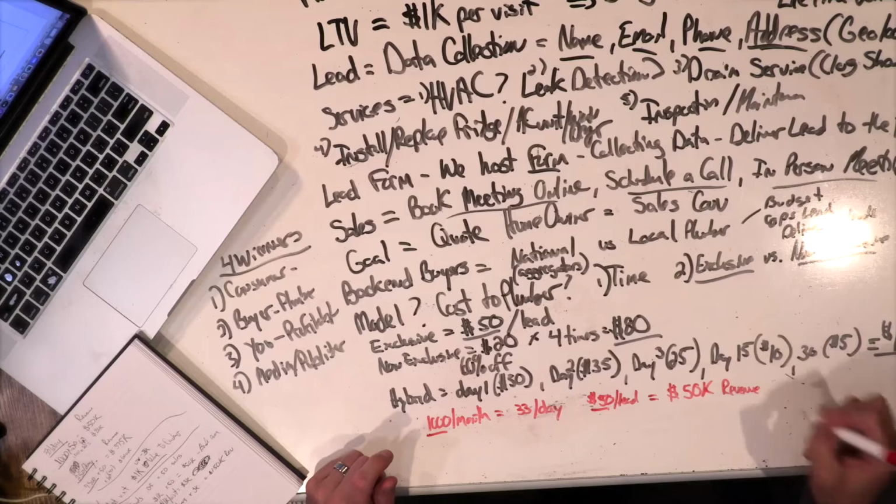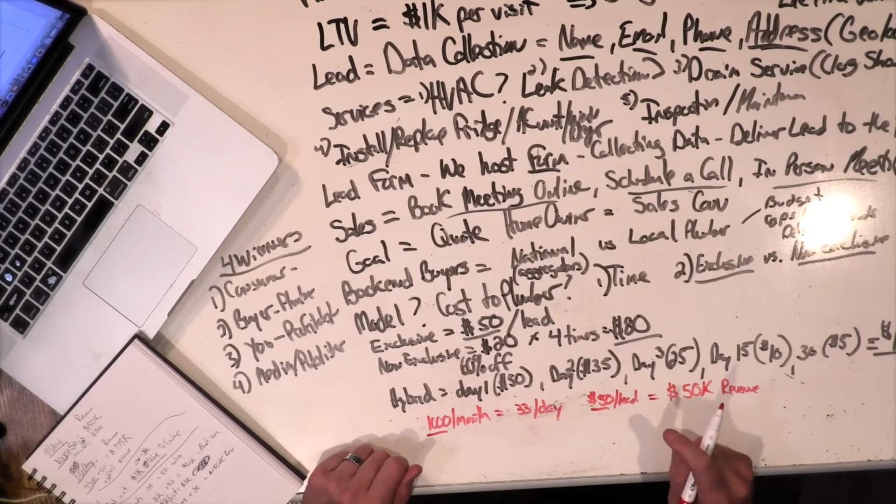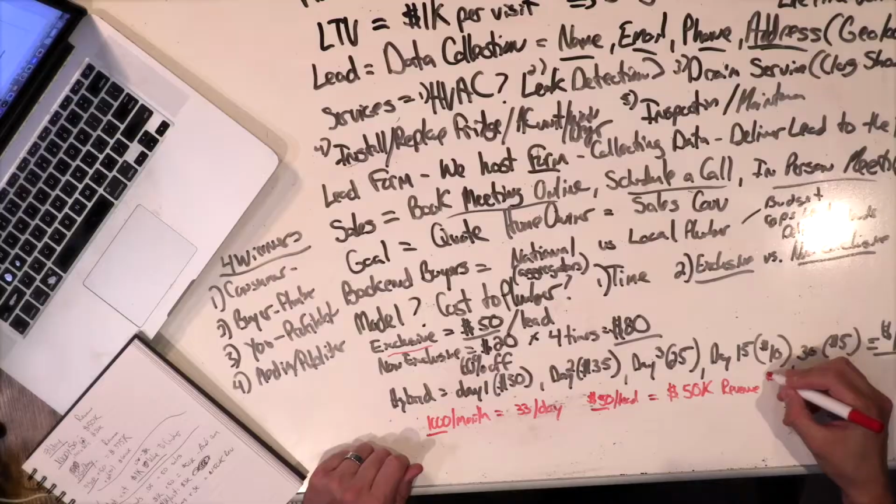So that's going to equal $50,000 in revenue for our plumber vertical, right? We're selling this to one buyer right here, generating $50K. If you multiply that times 12, you're talking about a $600,000 business per year. Not bad for the first time ever doing this, okay?